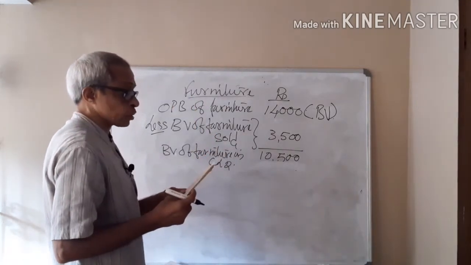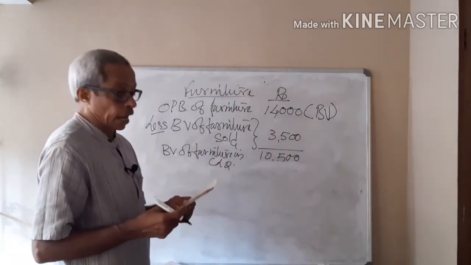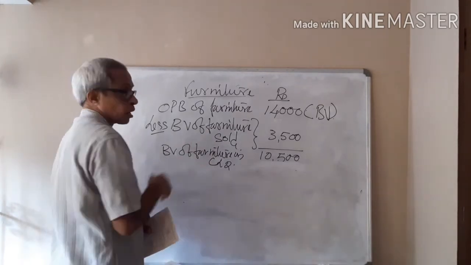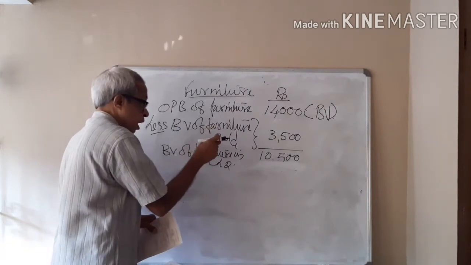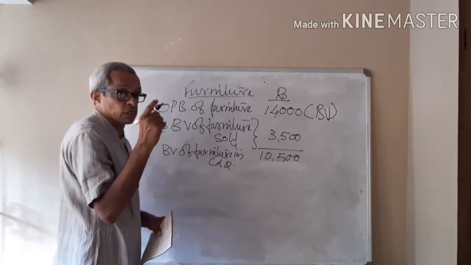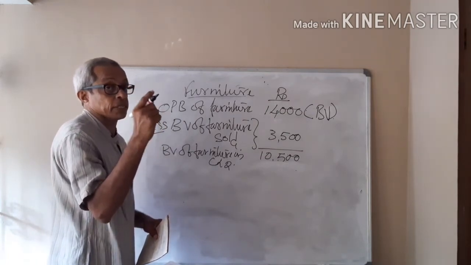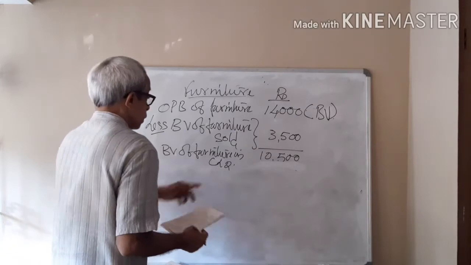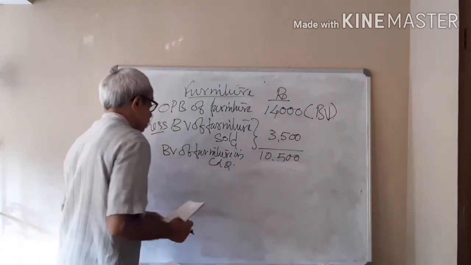Charge depreciation on furniture at 10% per annum on the closing balance. So here we are instructed to charge depreciation at 10% on the closing balance. This is the closing date balance.